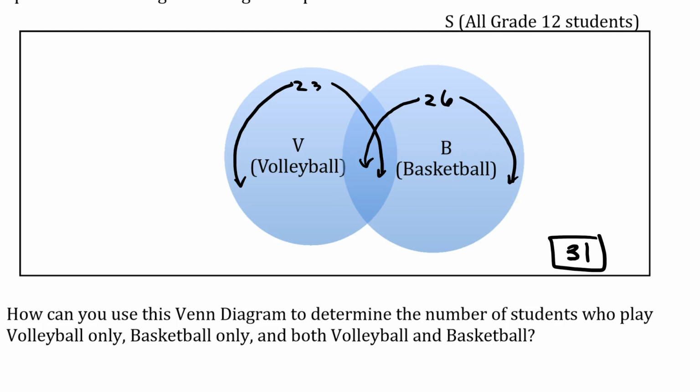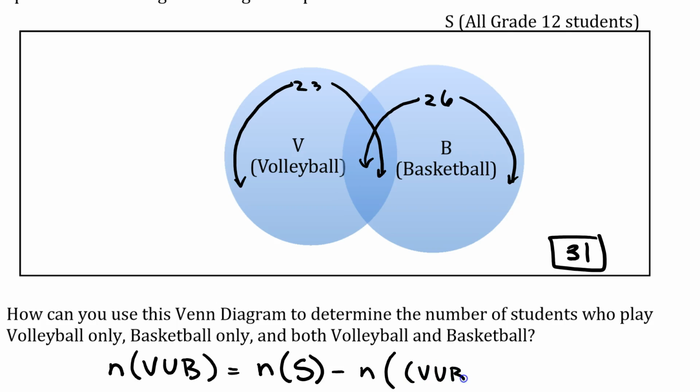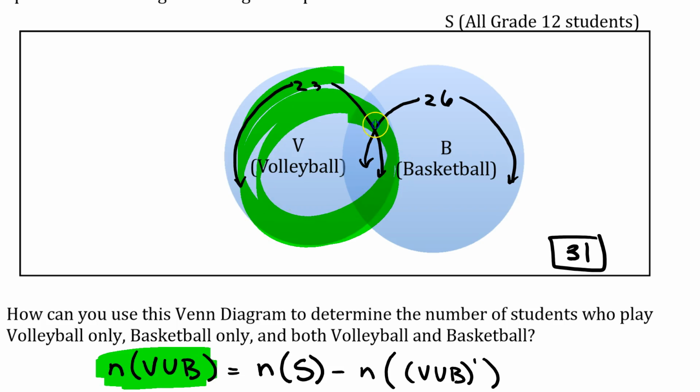So first things first, let's figure out how many actually live in this intersection between V and B. So the number of elements in V union B equals the number of elements in S, which is all the students in grade 12, minus the number of elements in the complement of V union B. So just so that we are all on the same page here, we're looking for the number in V union B, which is this one.